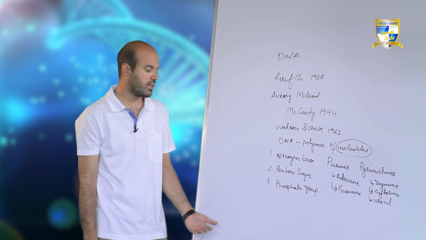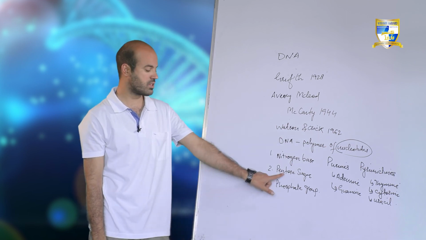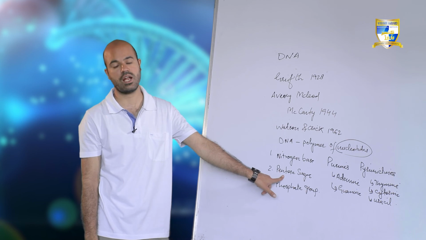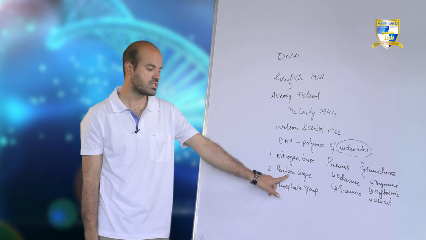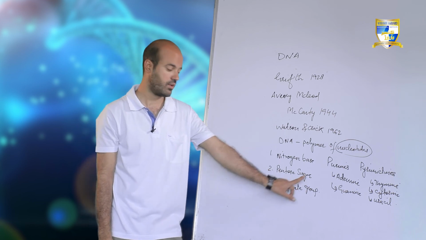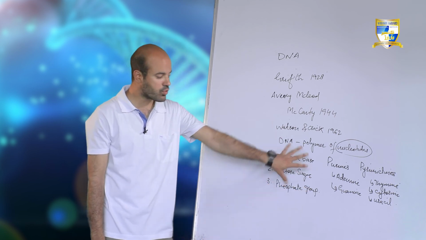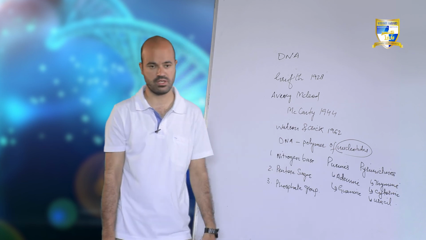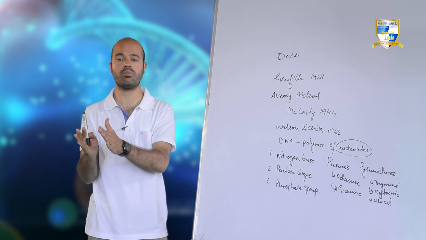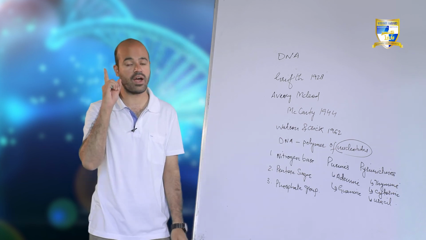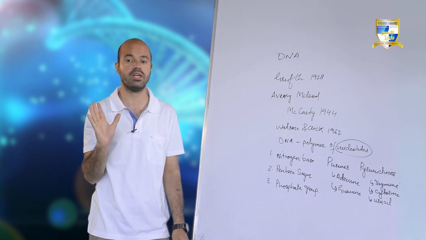Then afterwards we have the second component, which is called pentose sugar, and the third is the phosphate group. But out of purines and pyrimidines, when a nucleotide is formed, only one purine or one pyrimidine is used.